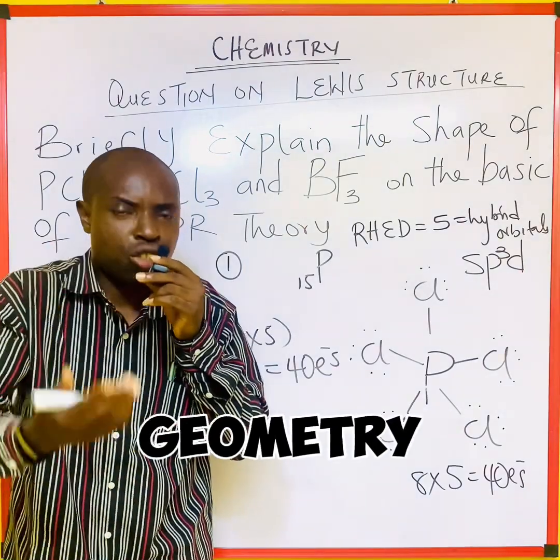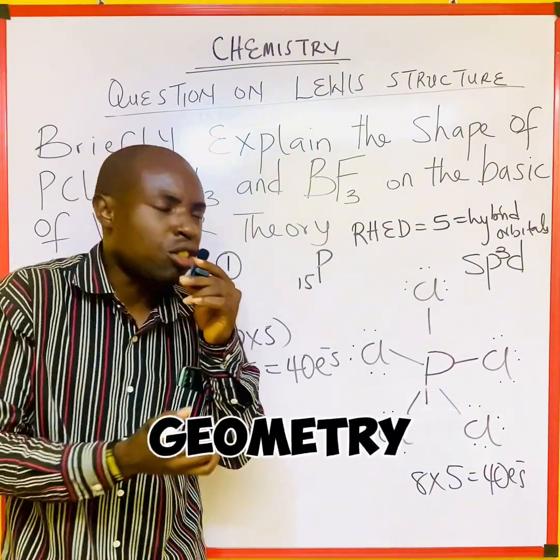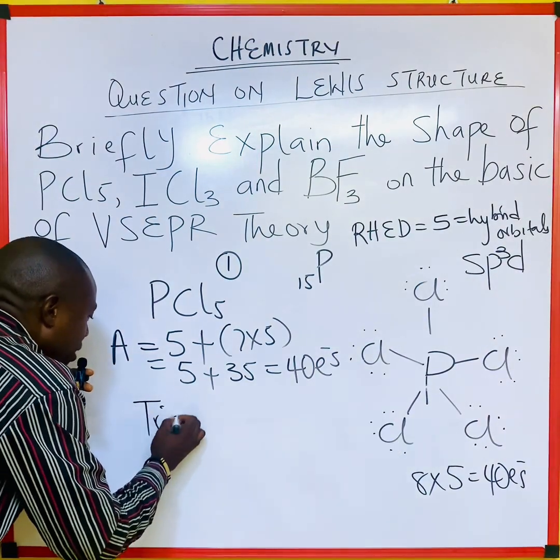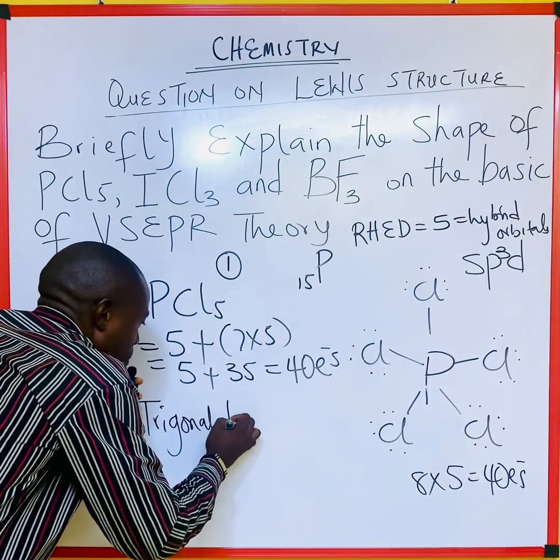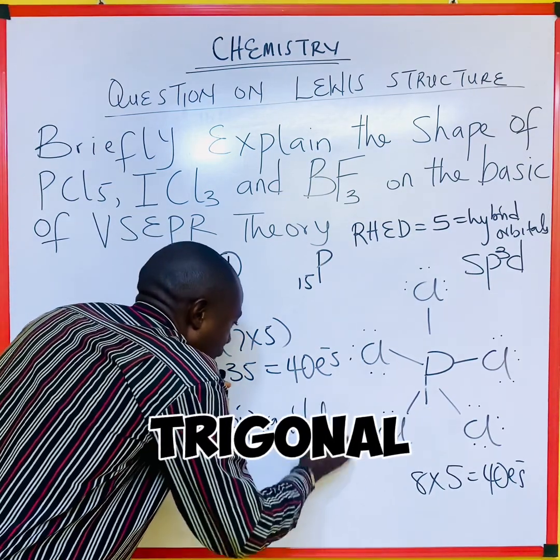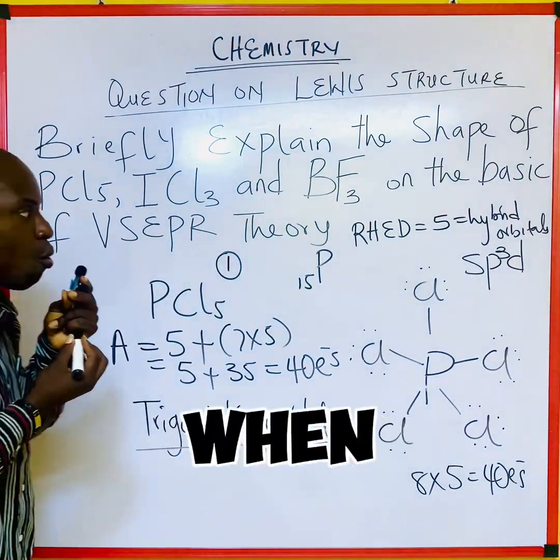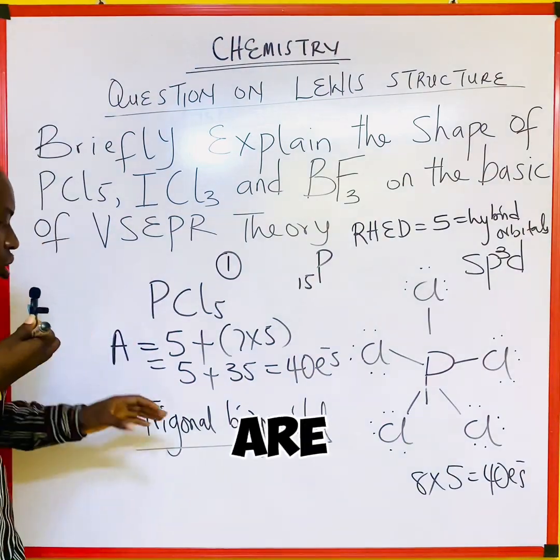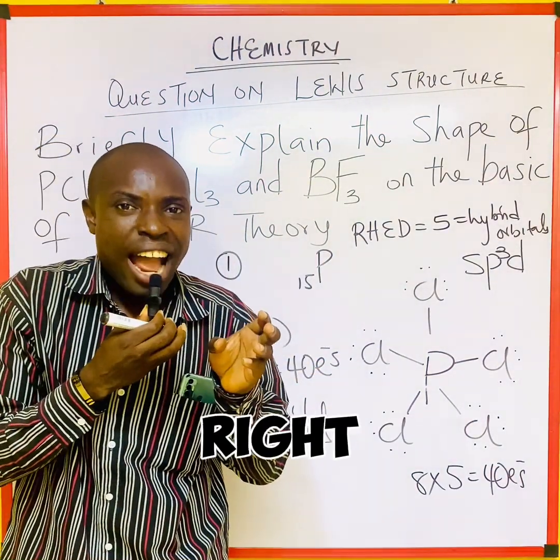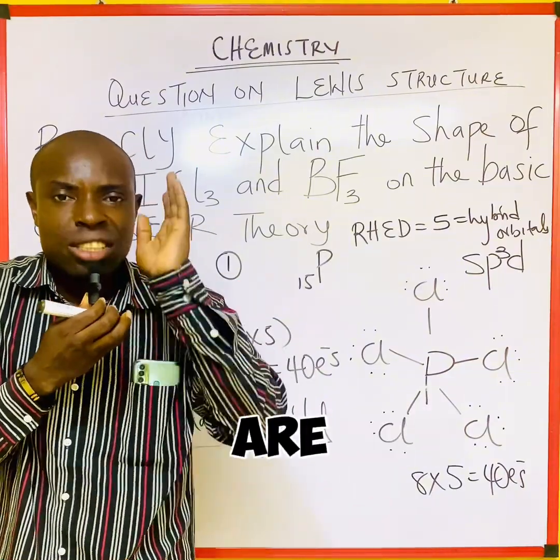If your hybridization is sp3d and you have no lone pair, the molecular geometry is trigonal bipyramidal. When you are sp3d, you are trigonal bipyramidal. When you are sp3 without lone pair, you are tetrahedral.